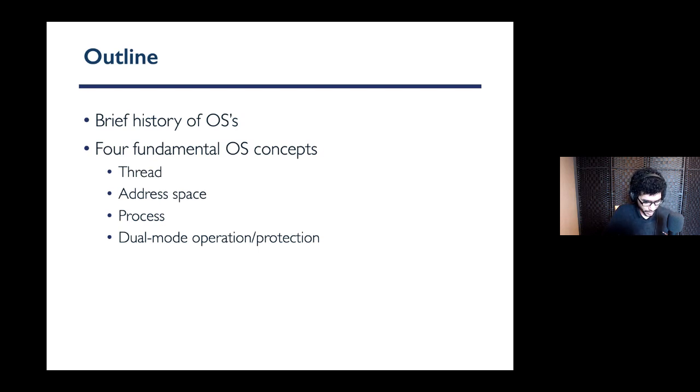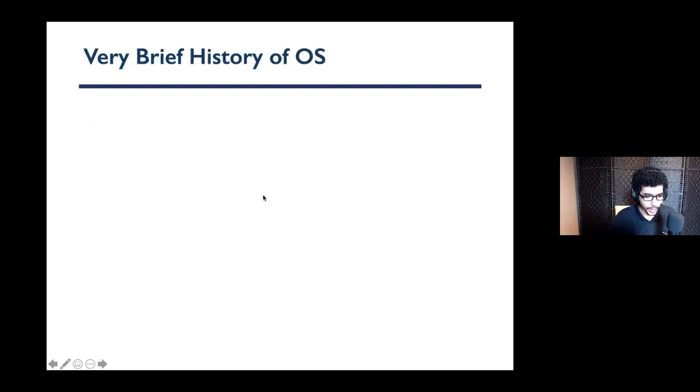Once that's done, we're going to talk about 4 fundamental OS concepts: naming threads, address space, process, and dual mode operation and protection. You should know already about threads and processes. We're going to talk about things that you probably didn't go deep into in ECE 252. So let's go ahead with it.